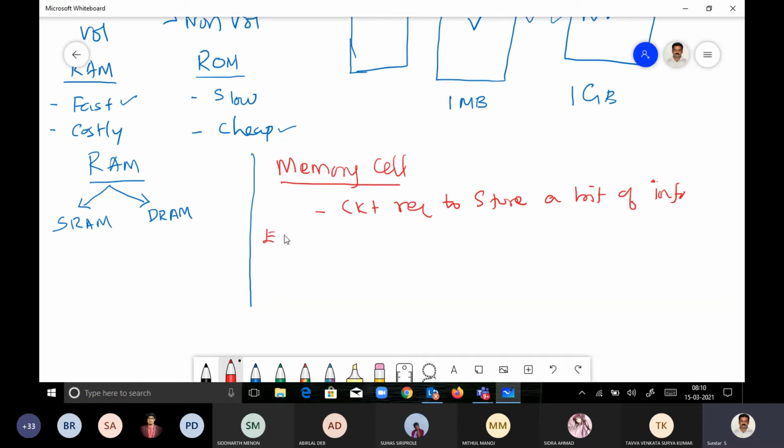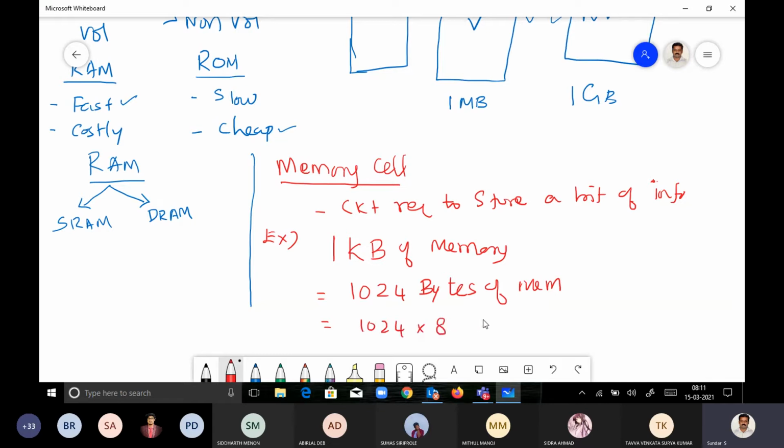What does that mean? Let us take one example. Suppose we are saying 1 kilobyte of memory. 1 kilobyte of memory is nothing but 1024 bytes of memory. This can be written as 1024 into 8, since a byte is 8 bits.